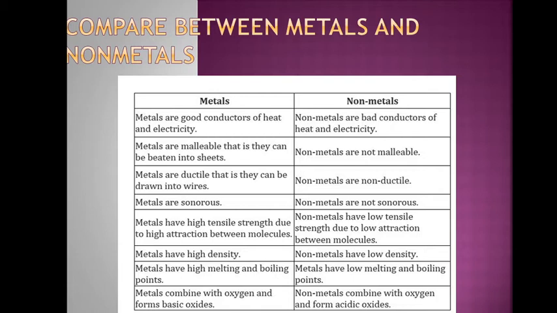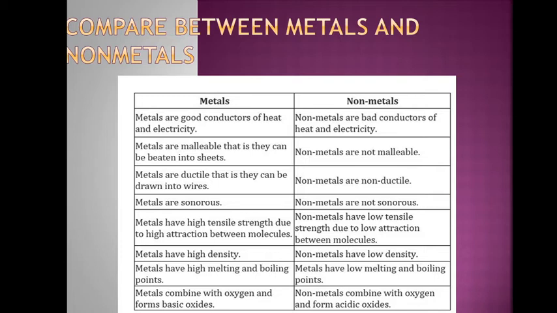Metals combine with oxygen to form basic oxide. For example, sodium oxide, calcium oxide, magnesium oxide. These are metal oxides. We call them metal oxides, basic.